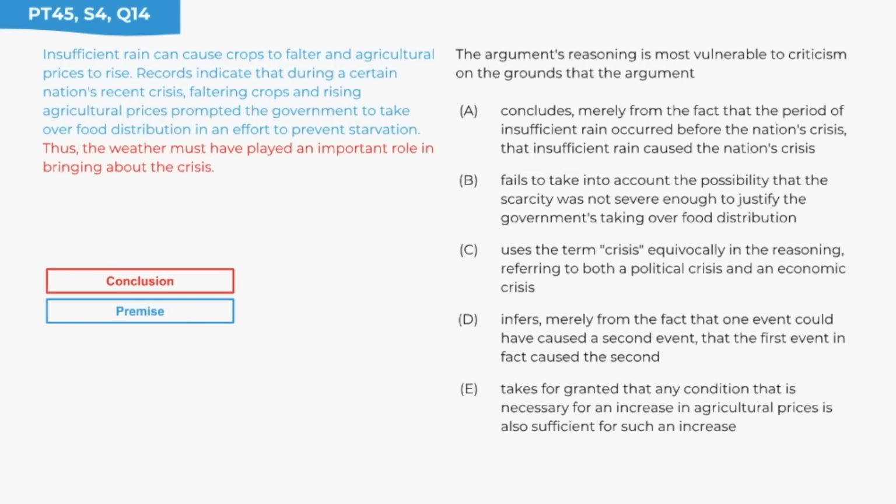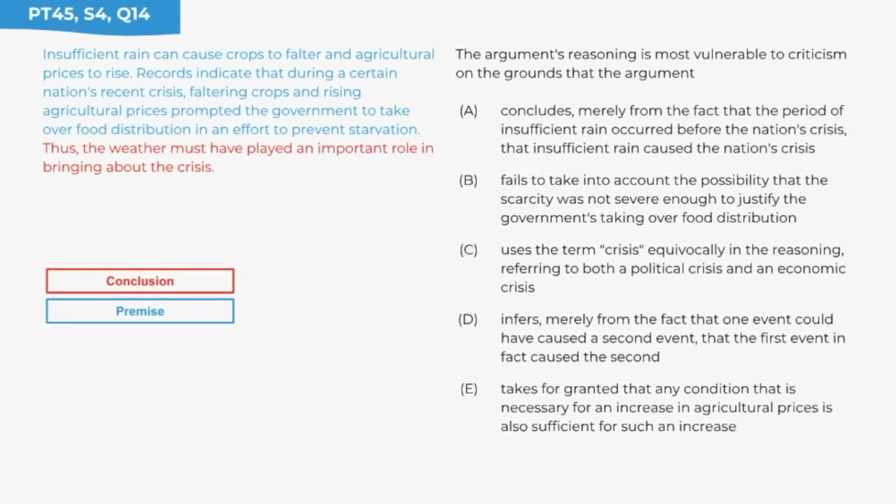Well, it kind of feels like they're moving in the direction of correlation versus causation, but they didn't actually correlate the two events in the evidence. So in the conclusion, they're talking about weather being the cause of the crisis, right? The food distribution crisis.